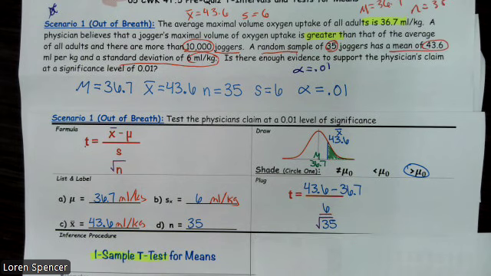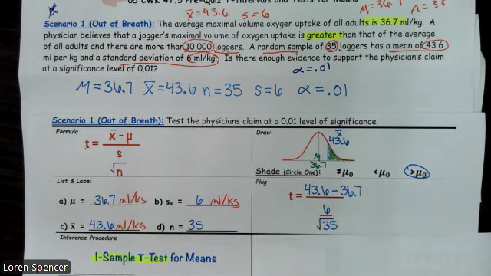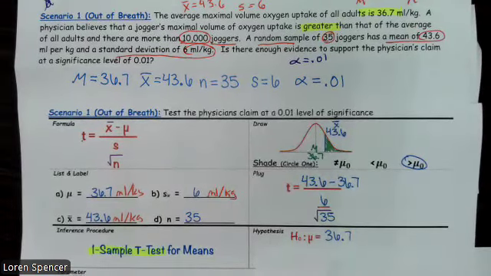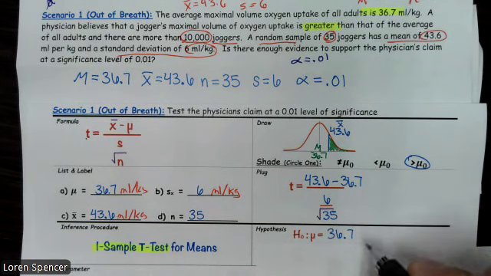We need to write our hypotheses. Well, the null hypothesis is easy. It's always equal. So the null hypothesis is the mean equals 36.7 milliliters per kilogram. That's our label.